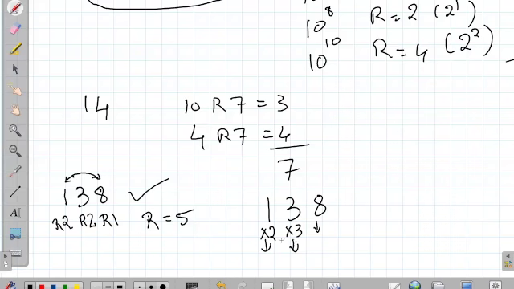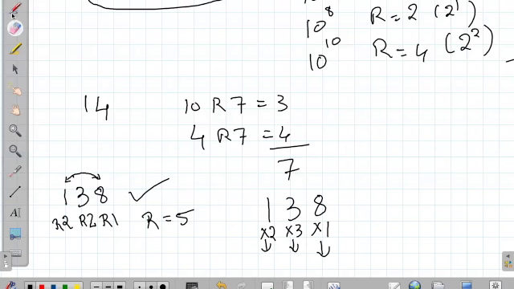The first one is 8, so I should write that as multiplied by 1, because 10 to the power of 0 is 1.